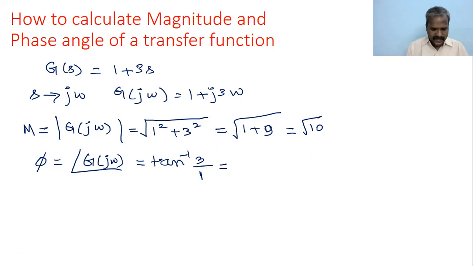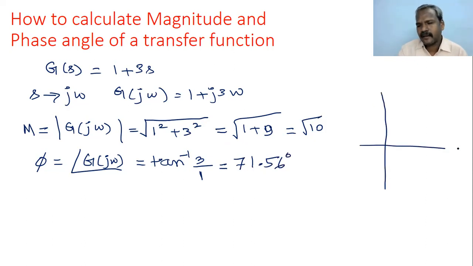So what is tan inverse of 3? Please calculate and tell me, dear students. Tan inverse of 3 will be 71.56 degree. Okay, so we can easily plot the point.